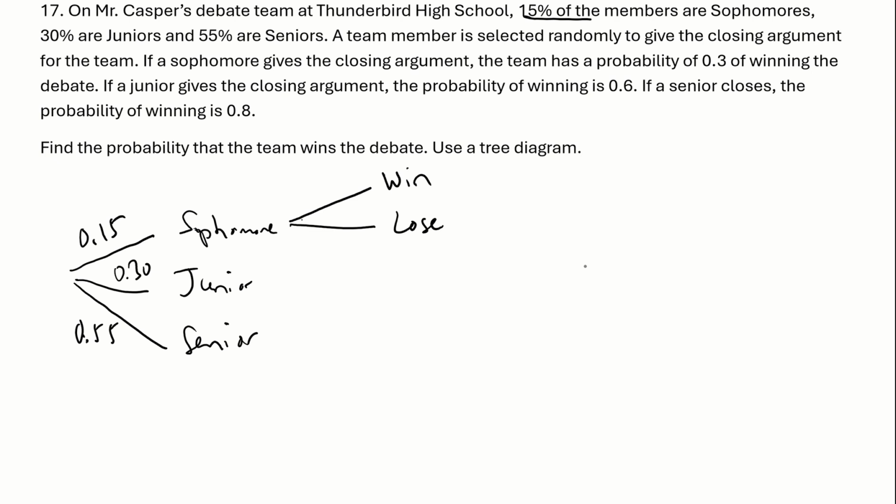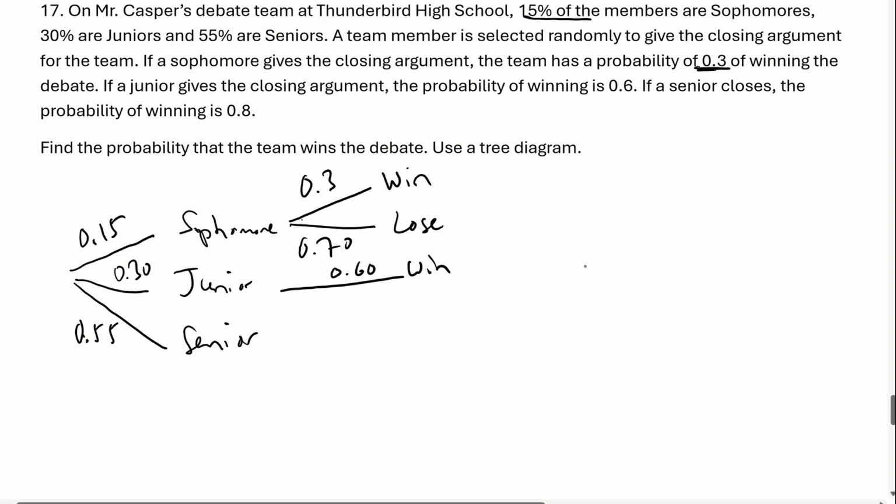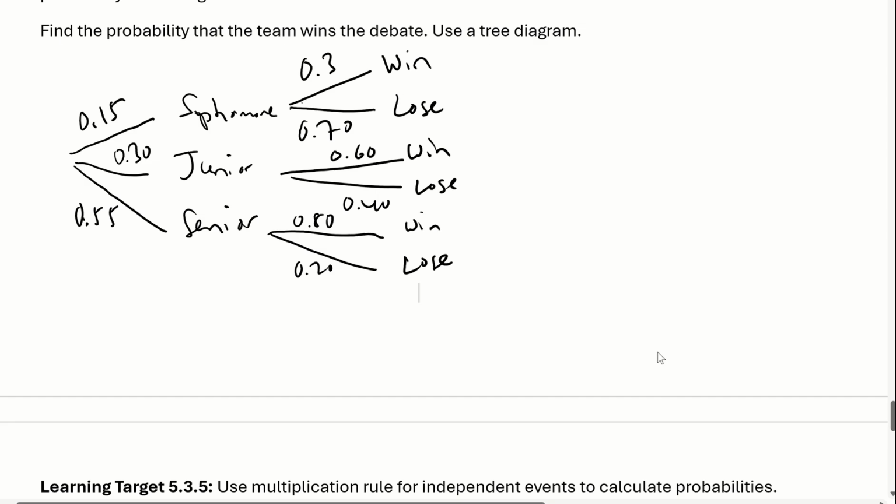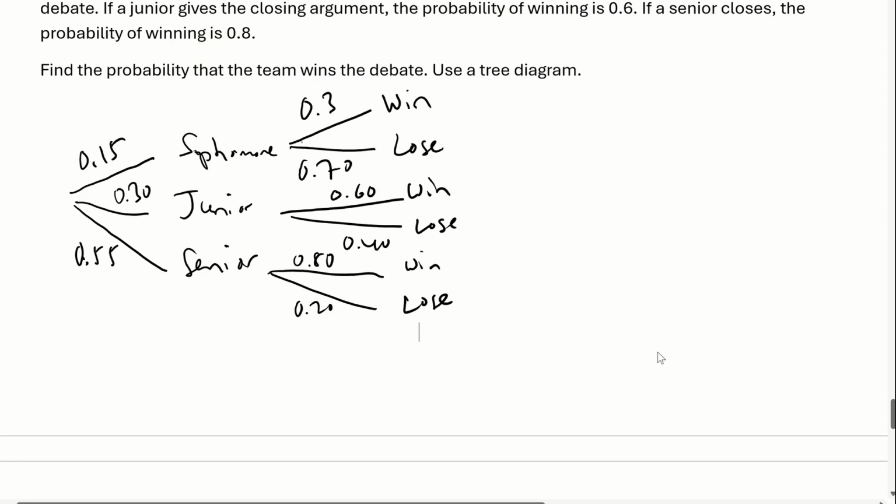And it says we have a 0.3 chance of winning if a sophomore gives a closing argument, and 70% chance of losing. For a junior, we have a 60% chance of winning and a 40% chance of losing. And senior, we have a 80% chance of winning and 20% chance of losing. All right, so there you go. There's a tree diagram.